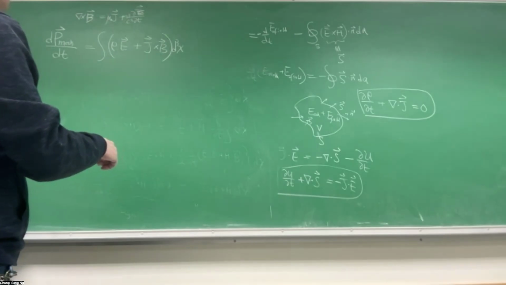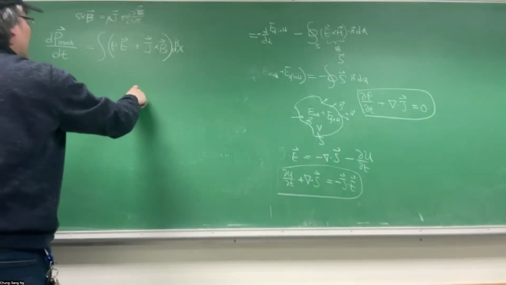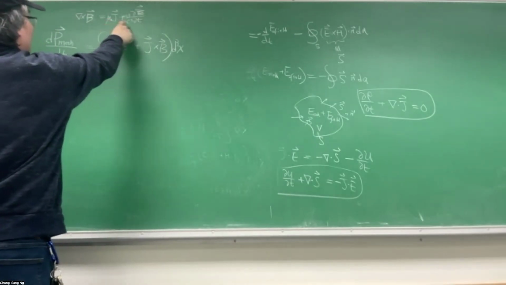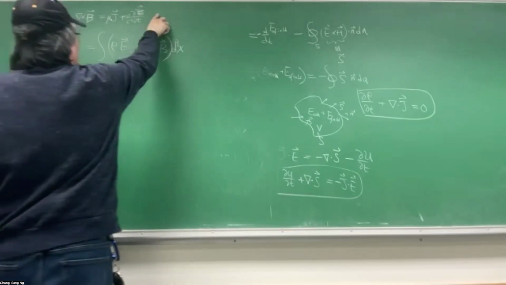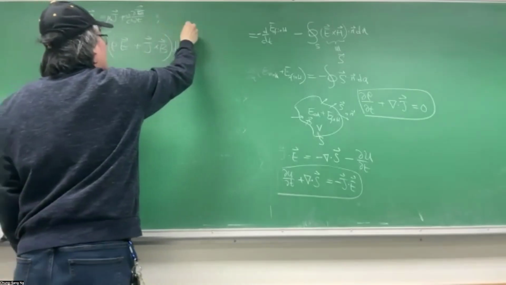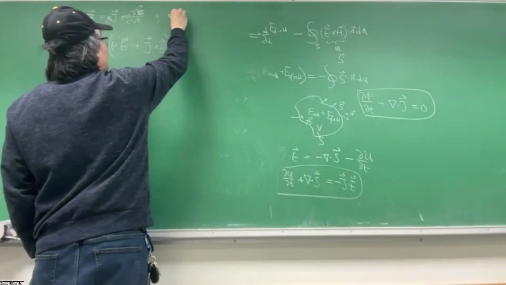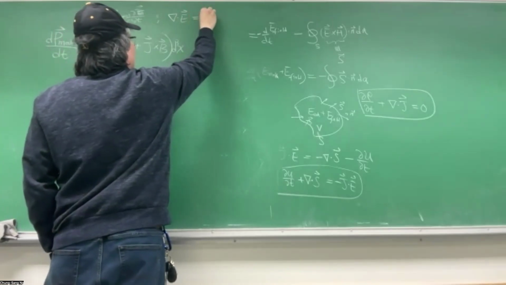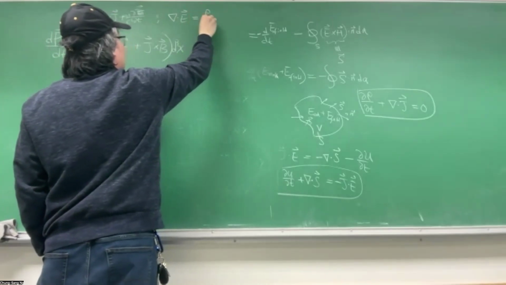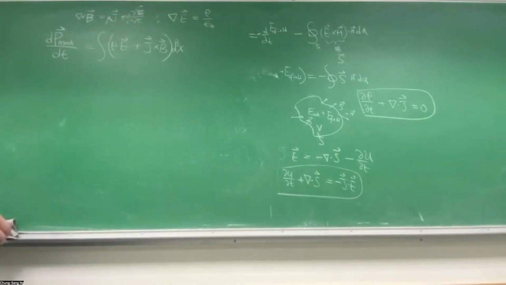So we can do that. Again you have J, you can just substitute J into here. For rho, you can use the charge density, you can use Gauss's law. Divergence E for microscopic is rho over epsilon zero, right?